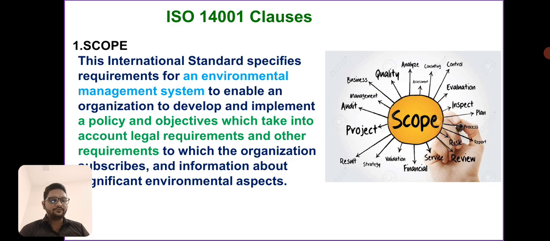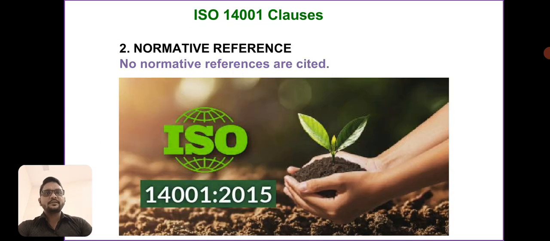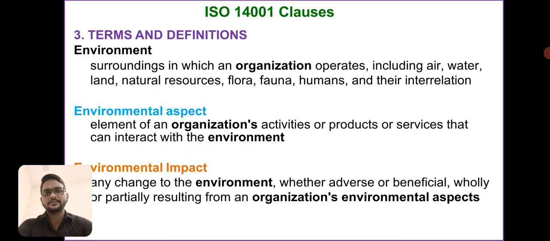Means policy, objectives, legal and other requirements, and environmental aspects. These are four things we need to focus on in more detail. Now, next is the normative references. For this standard, ISO 14001:2015, no normative references are cited.